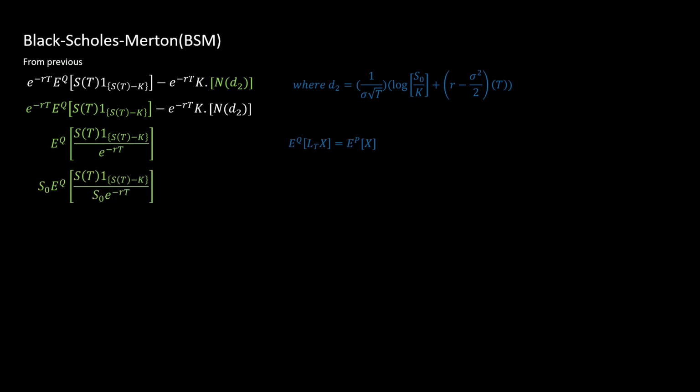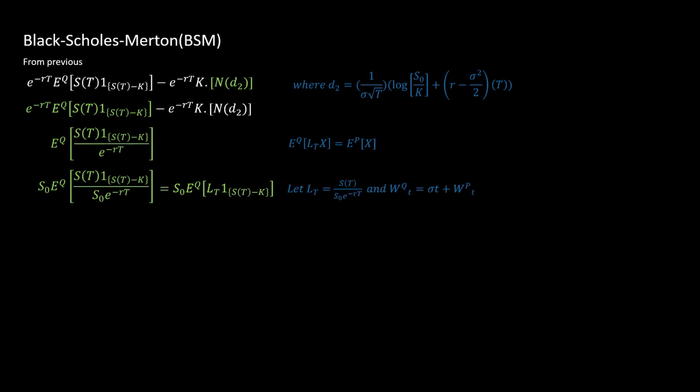So first of all, we're going to multiply the outside by S0, and we're also going to divide. So that's just like multiplying by 1. Then we are going to let S(T) over S0 times e to the minus rT equal L(T).